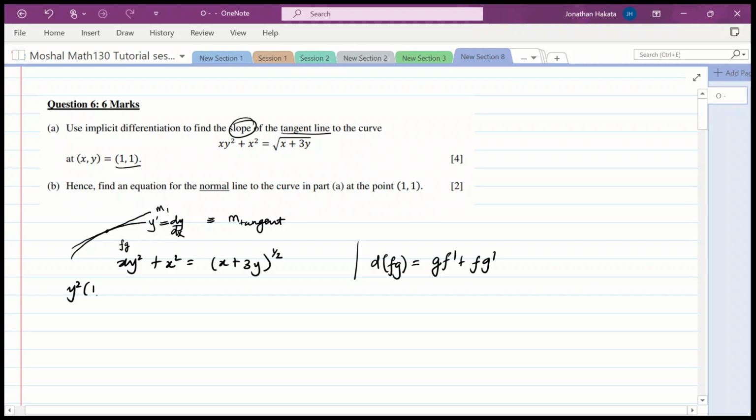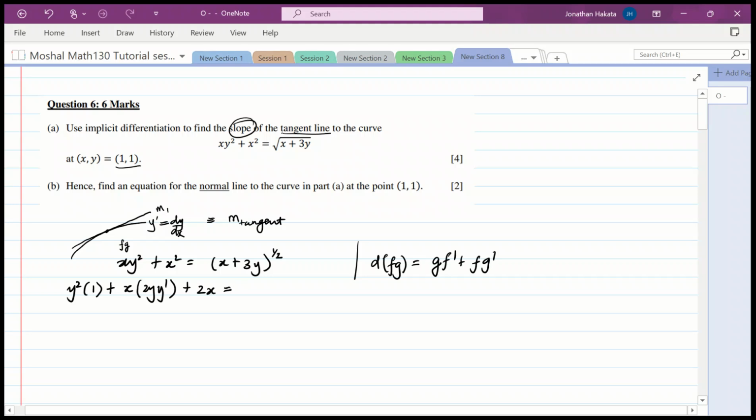If you differentiate x, you get 1, plus we say x times the derivative of y squared, which is 2y y prime. Okay, every time you differentiate a y, this is a function of x, so you plug in dy dx or just y prime. Okay, then moving on to differentiating x squared, you get 2x as usual.